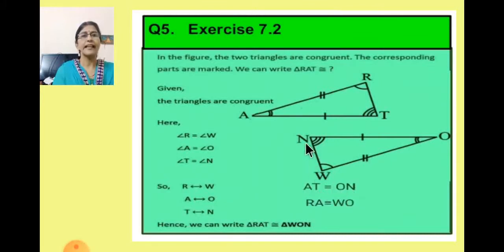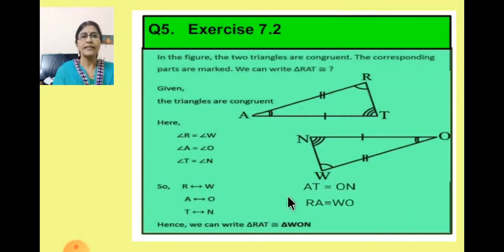You can see here AT, this is the side with one line here and here also one line. So we'll write AT is equal to ON. So these sides are also equal. Similarly, RA, you can see here there are two lines, and here also it has two small lines. So we can write RA is equal to WO.